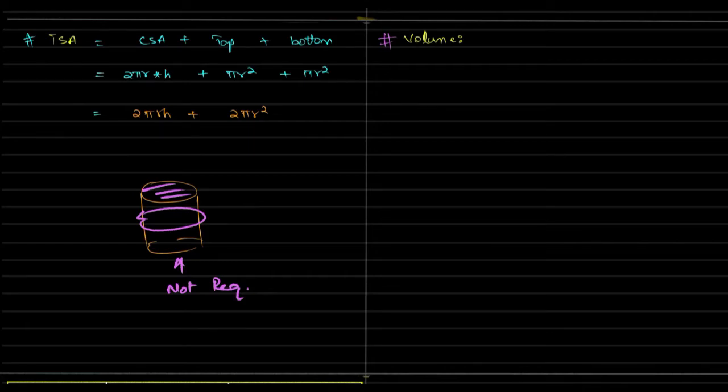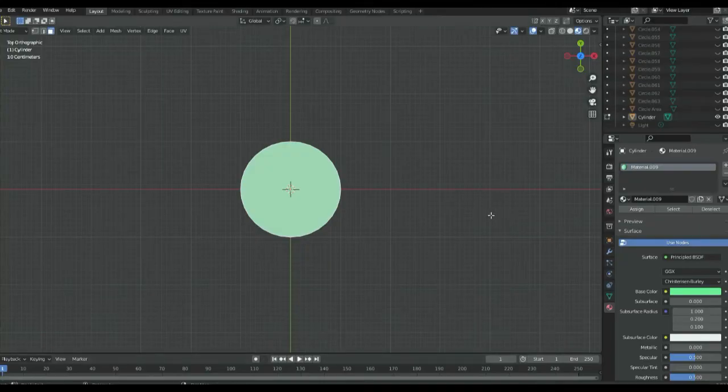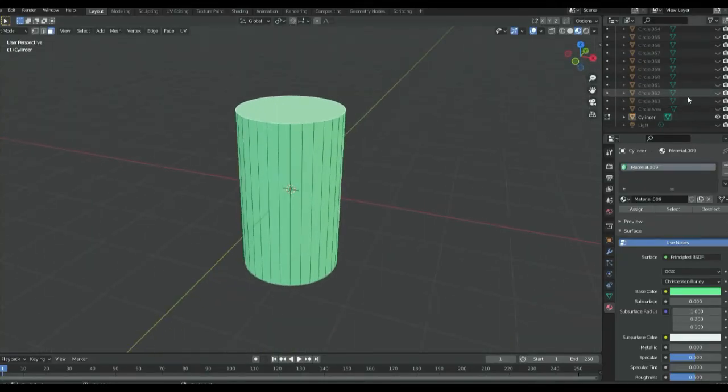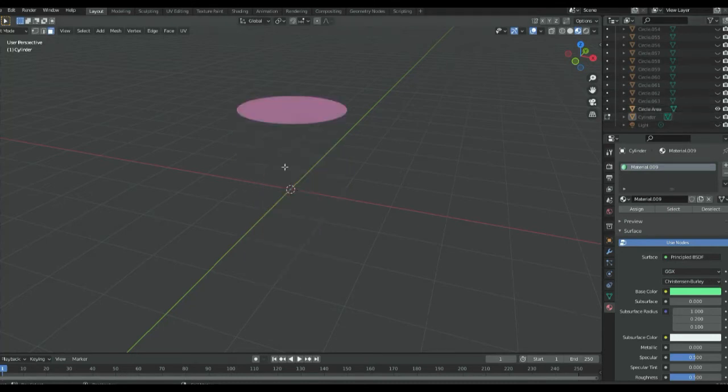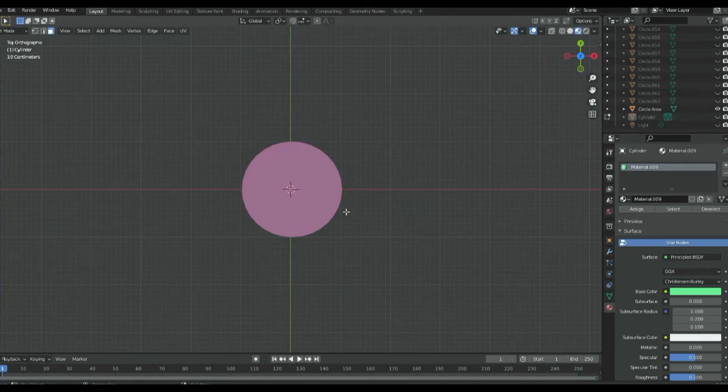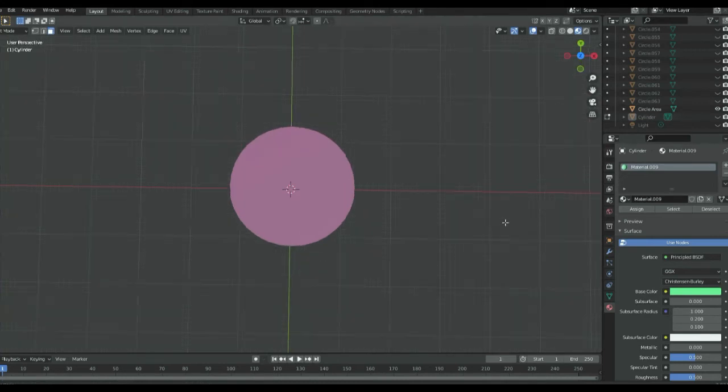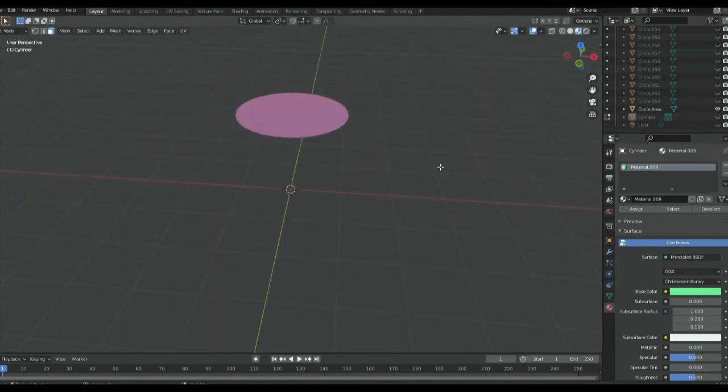Okay, now we'll look into volume. So for volume, I need to have, okay, yeah, it's here. So we have a circle, right? It's not a cylinder. Have a look at it. It's not a cylinder. I have a circle.